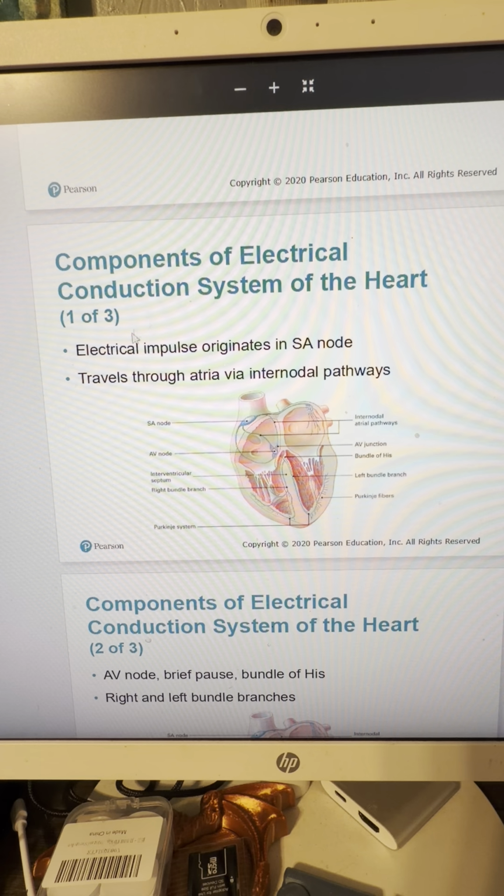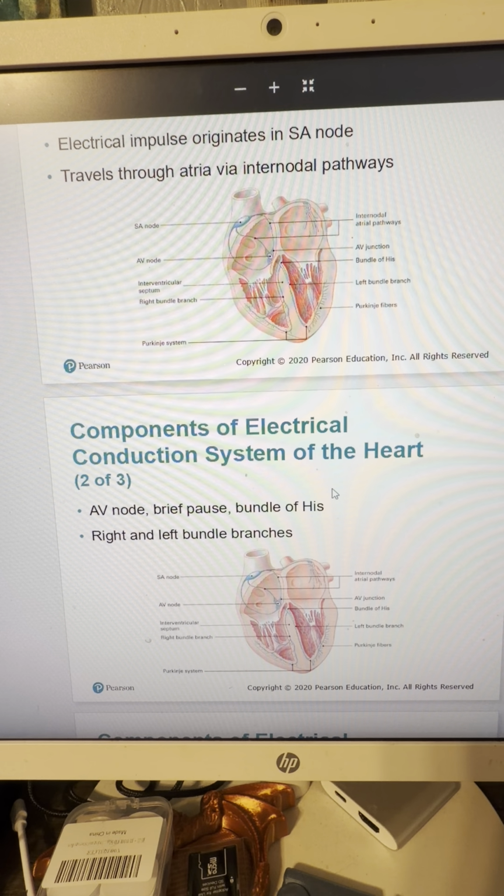So typically, when the electrical pulse comes from the SA node, it starts here and goes across to the left atria, down through the right atria to the AV junction, and then down through your right and left bundle branches and into the Purkinje fibers.